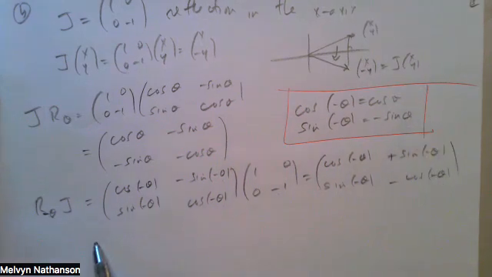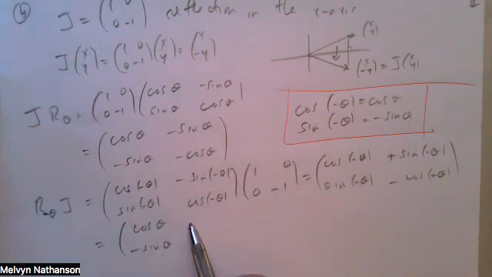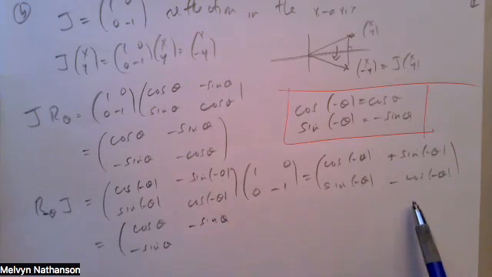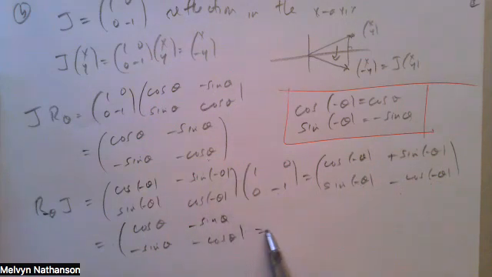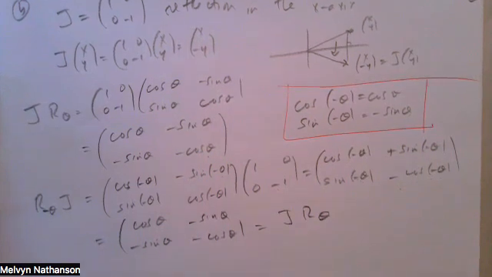But if we use these identities, cosine of minus theta is cosine theta. Sine of minus theta is minus the sine of theta, and minus cosine of minus theta is minus cosine theta. And you see, this equals J times R theta. So that's the identity that we were asked to prove in part B.